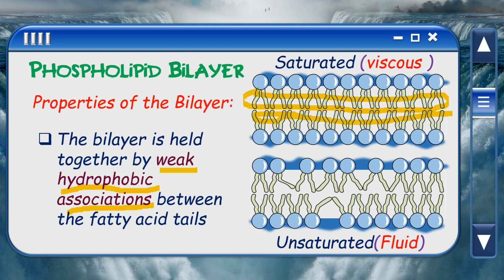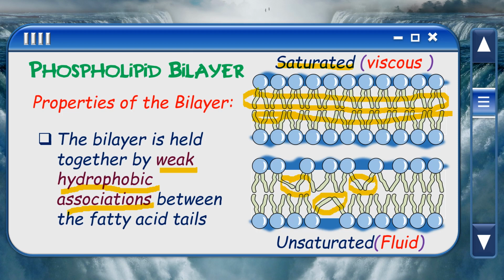Here you can see that the upper bilayer is fixed together, and it is saturated because the fatty acid tails are held together and have no double bonds. But when you look at the ones below, they form what we call kinks, separating from each other.